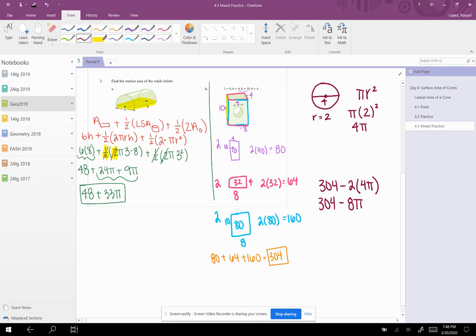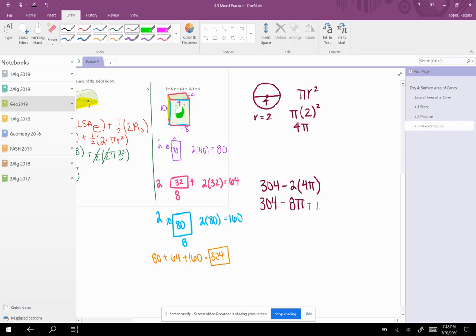Okay. But here's the thing. We have to add this surface area in green that I'm about to highlight right here, because when we cut out that circle, we really are adding the lateral surface area of a cylinder. So now it just got a little more complicated, because now I have to add the lateral surface area of the cylinder.